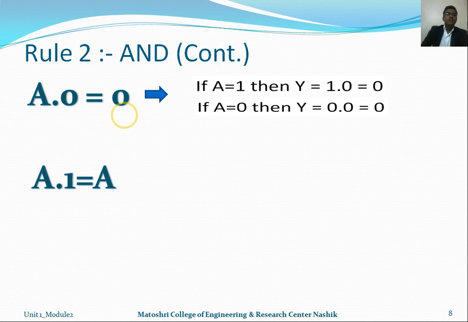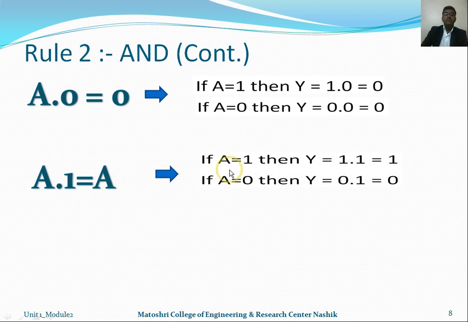Then another one is A ANDed with 1, where we get the output as A. How? If A is 1, then the output Y is 1 AND 1, and we get the Y value as 1.